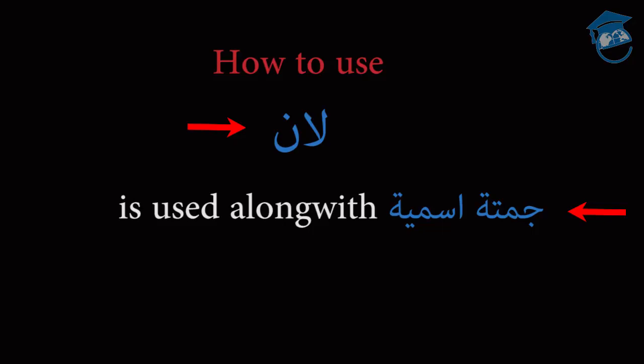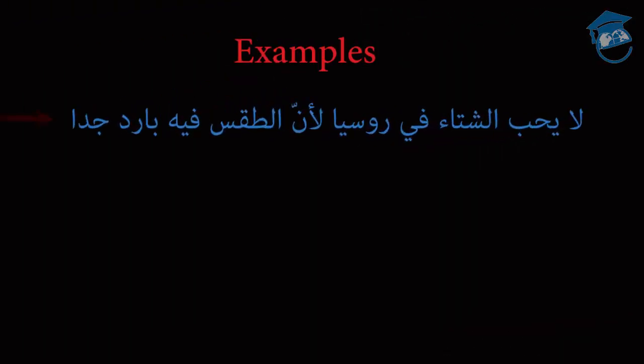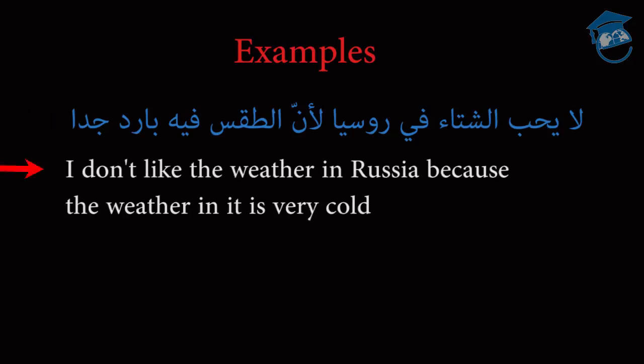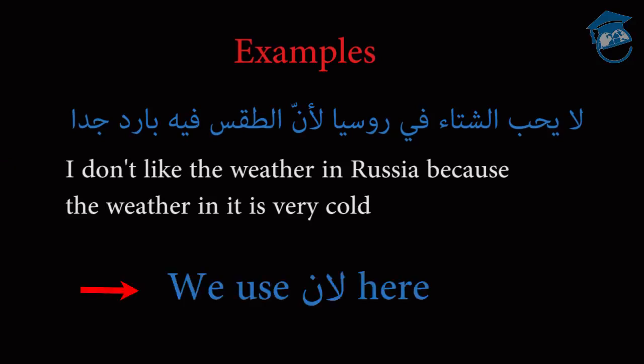Let's look at a couple of examples. لا يحب الشتاء في روسيا لأن الطقس فيه بارد جدا. I don't like the weather in Russia because the weather in it is very cold. الطقس فيه بارد جدا is a full sentence, and for this reason we use لأن.